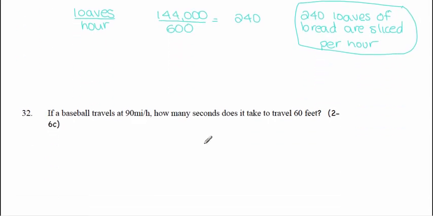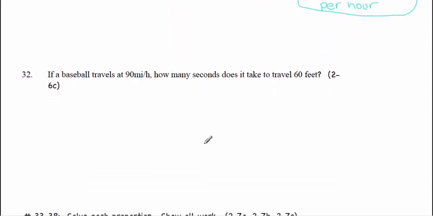Example number 32. Now this is kind of a harder problem here. There's 2 steps here. So the first thing I need to do is I need to convert my 90 miles per hour into feet per second. So let's translate that to feet first. So my conversion is that for every mile, I have 5,280 feet.